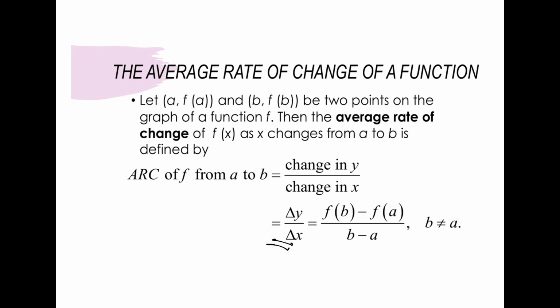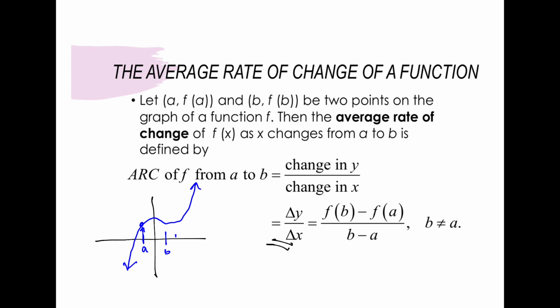So I'm just going to draw kind of a sample here of a graph that is not a line. Let's say we have something like this. And I'm going to put A here and B here. And I'm totally just doing this for a visual.